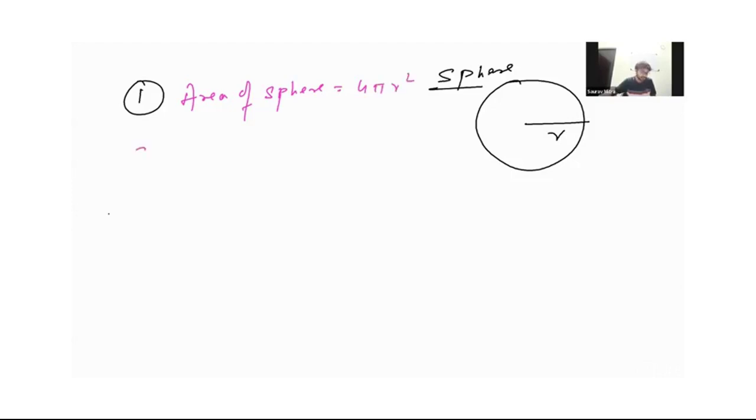This is the first thing. The second thing is the volume, which is 4 by 3 pi r cube. This is the surface area and volume for the sphere: simply 4 pi r square and 4 by 3 pi r cube.